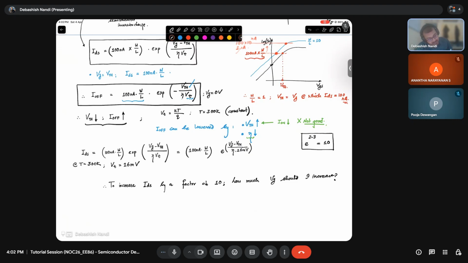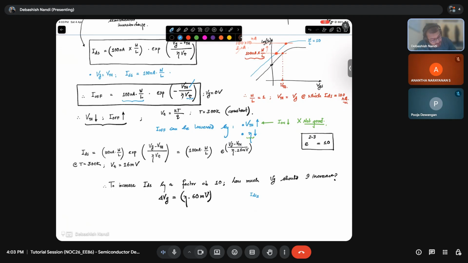Can I write it as eta times 60 millivolt? Can I write this? Just cross check. So how will I cross check?